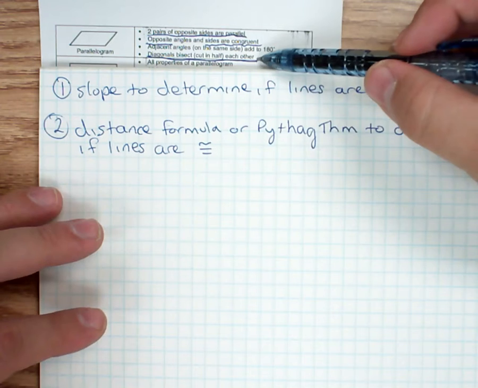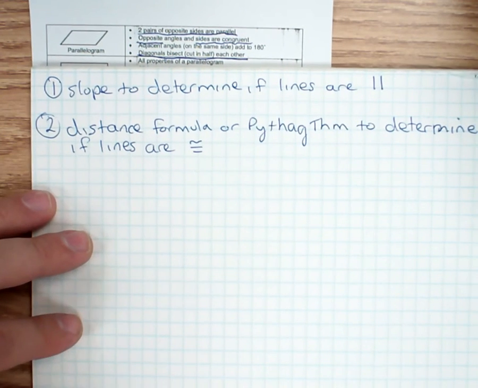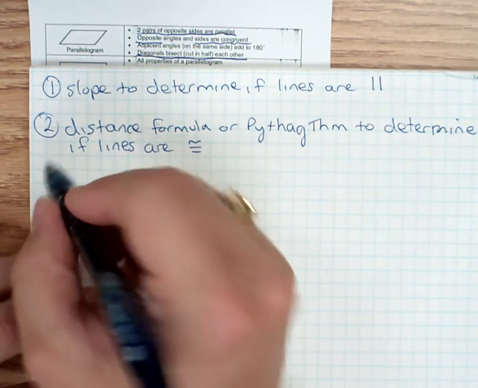All right, so now if the diagonals bisect each other, we could use midpoint.